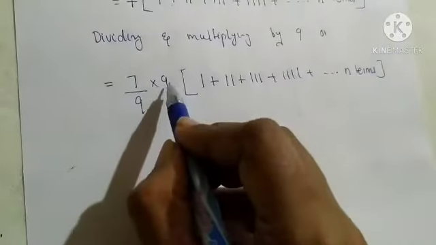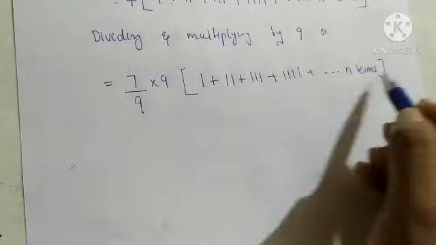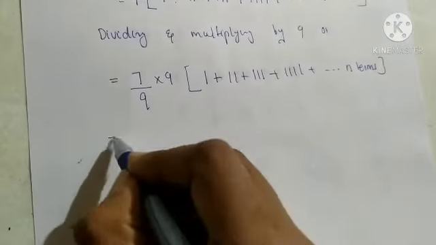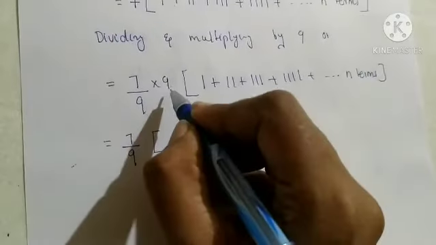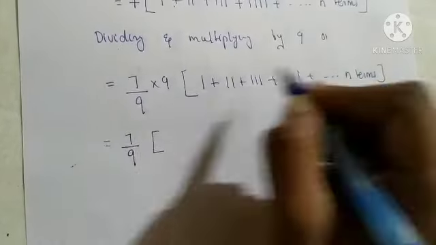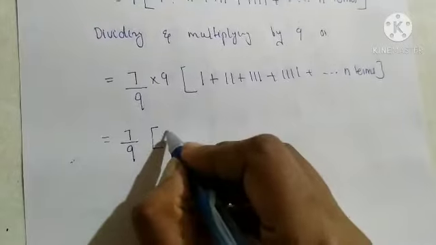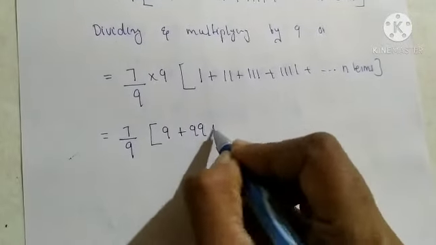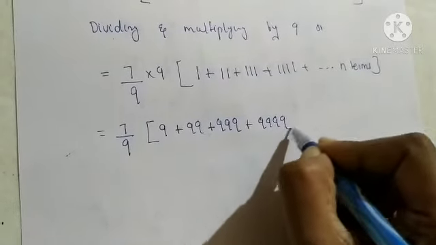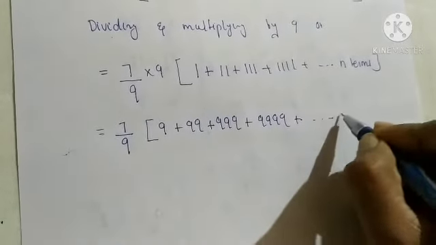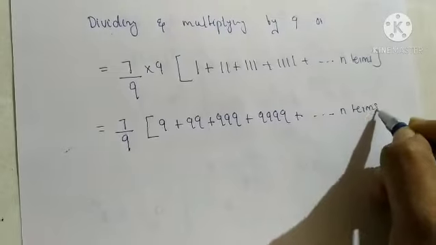Next I am going to multiply this 9 to this whole term. We get this 7 by 9 remains the same, and multiplying the whole term by 9, we get 9 plus 99 plus 999 plus this term plus etc. to n terms.